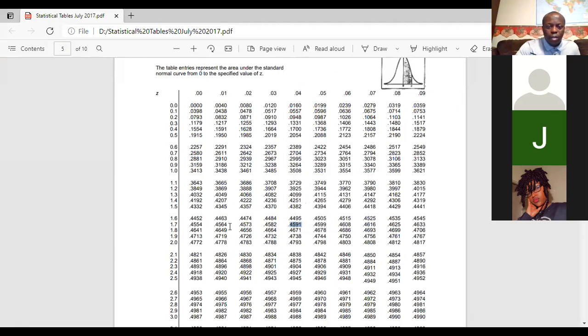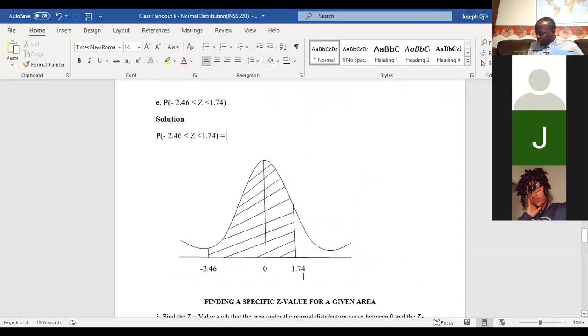It is 0.4591. So I've got it for both of them. I'm going to put them in now.